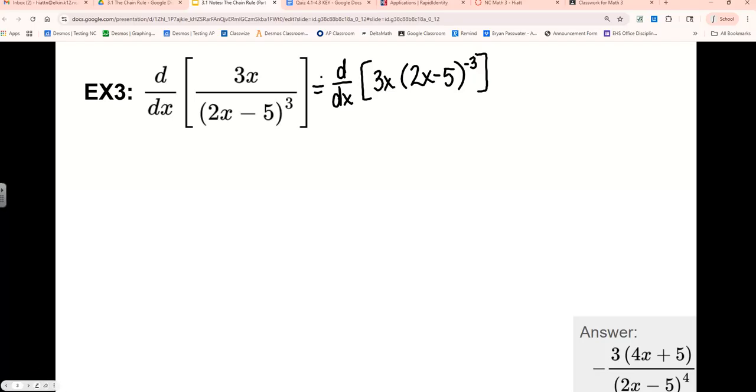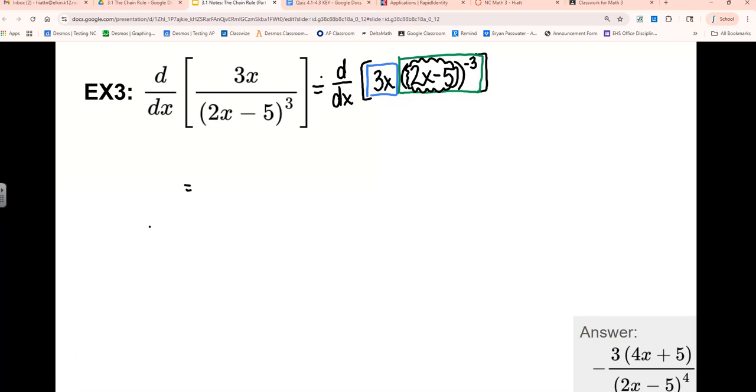So if we are taking the derivative of this, there's our first part. Here is our second part. And that second part is going to have a little tiny chain rule involved there.